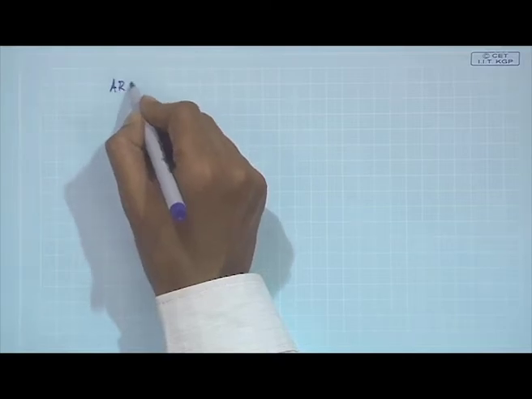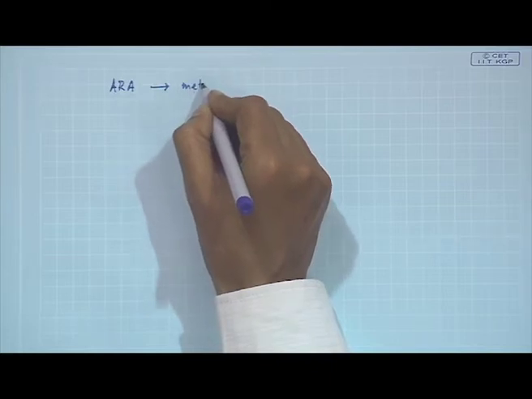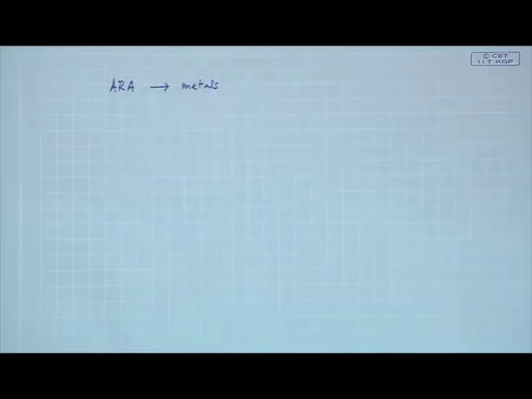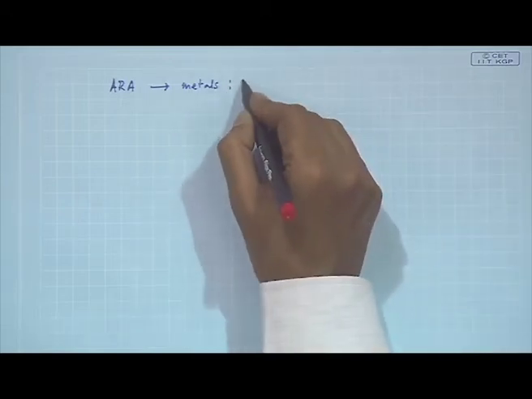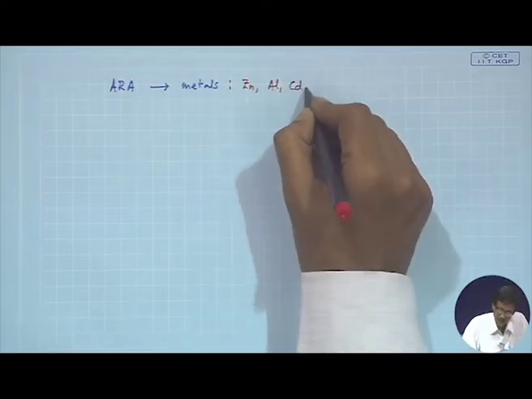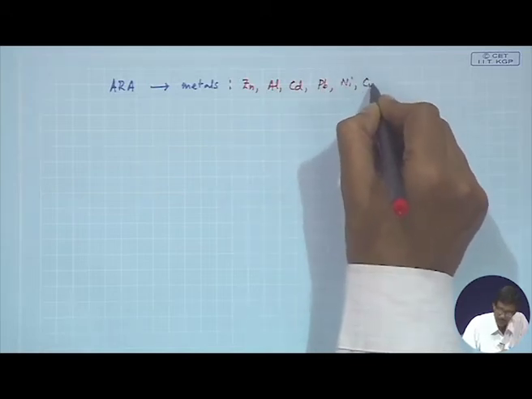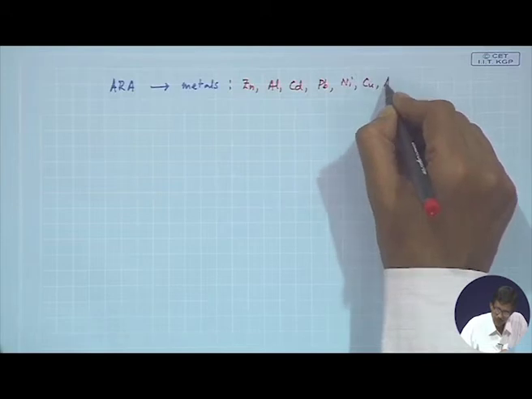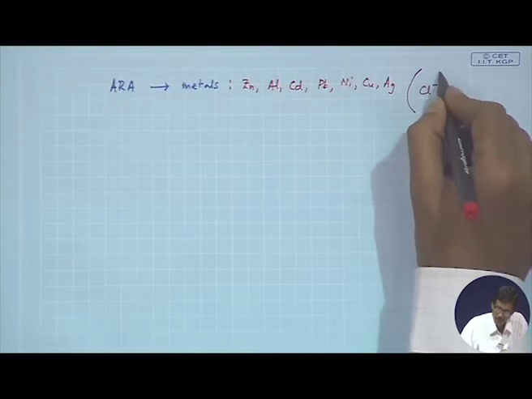So, if you have the corresponding metal ions, that means for the auxiliary reducing agent, you can use several metals. As per example, we can have zinc, aluminum, cadmium, lead, nickel, copper and silver, and say all of them are present in the presence of chloride ion.